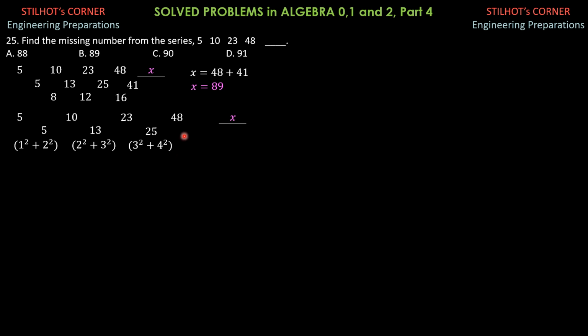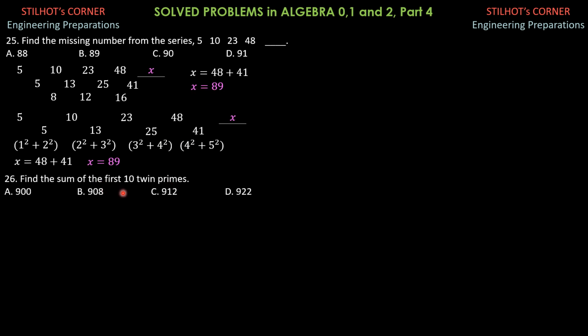So therefore, the difference here should be 4 square plus 5 square, which is 41, the same as here. So therefore, that's 41. That's why x is 48 plus 41, and that is equal to 89. So I presented two ways, and the results are the same.